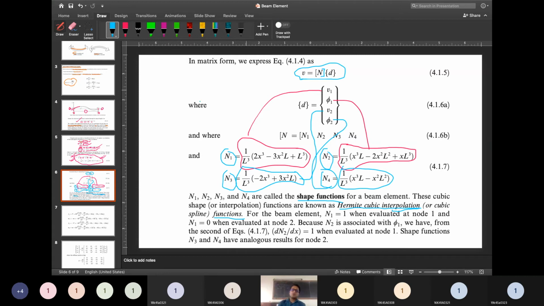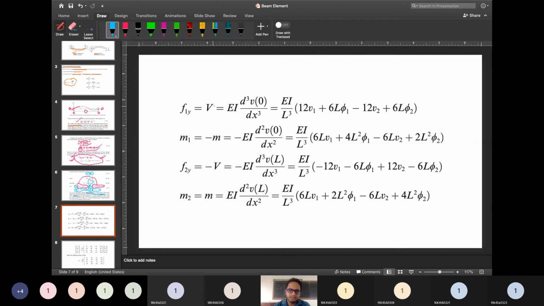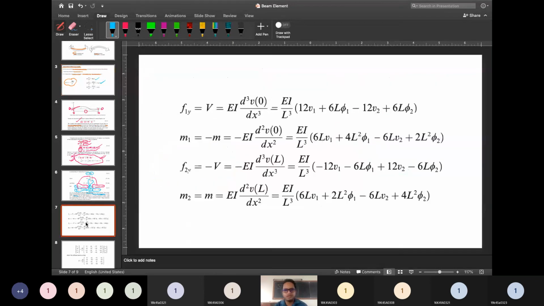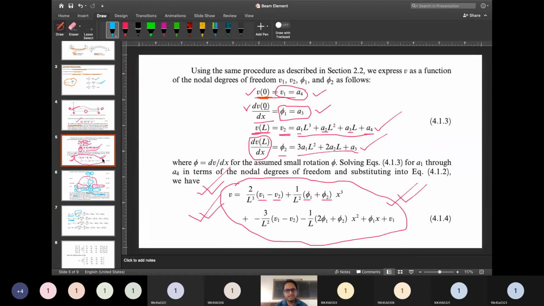Okay. So, using your strength of material concept, as I have shown you in your previous slide, at this location, what is moment and what is deflection. Based on that, you can calculate your deflection due to your force and moment due to your moment at node number 1 and node number 2 by simply differentiating the expression B. You have to do double derivative of this and you have to do triple derivative of this.